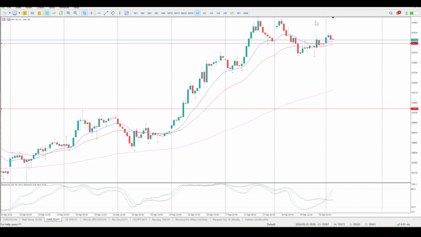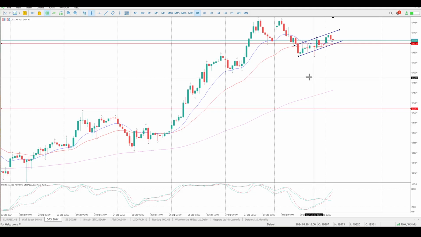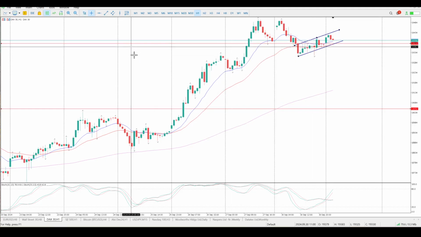When you start looking at the hour, just do this. Spot the flag. So strong move down, flag. You would expect a second move down. And I just want to get a target here.